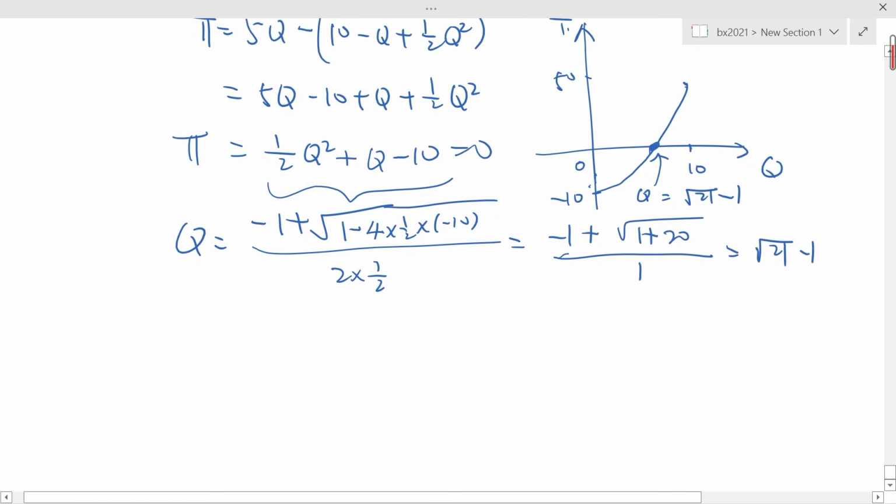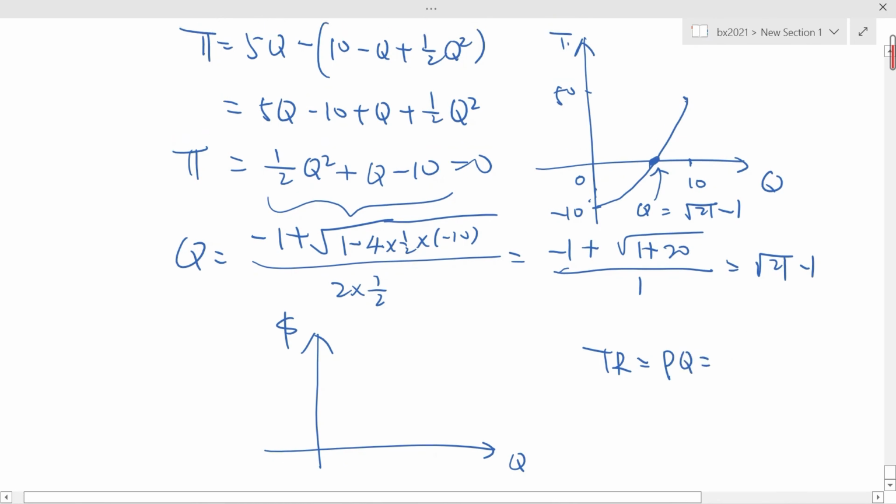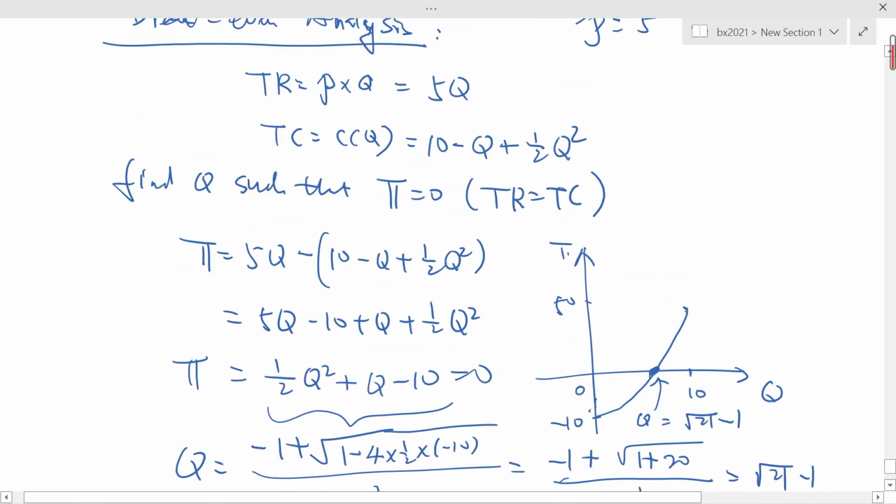Okay. So that's the break-even output, and this is break-even analysis. We can also do it graphically. Total revenue is PQ, so it's 5Q.